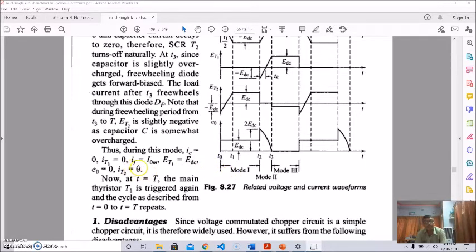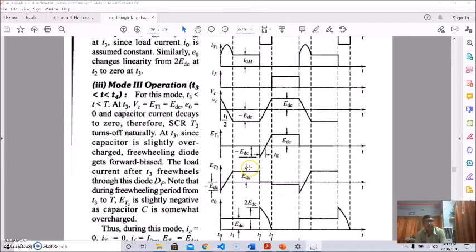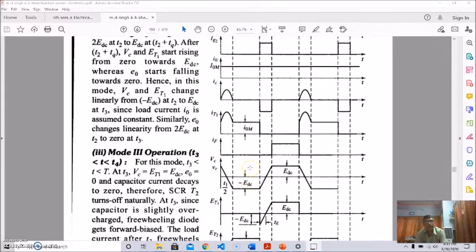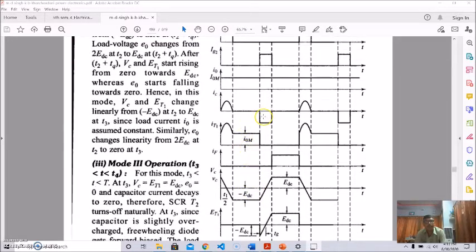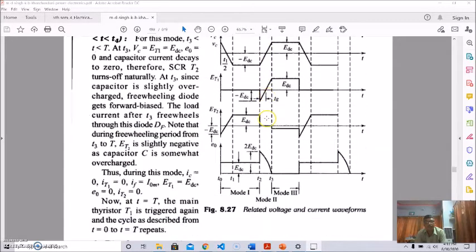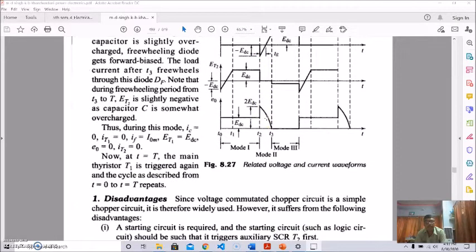The load current I0 is equal to the maximum IOM, ET1 equal to EDC, E0 equal to 0, and IT2 equal to 0.